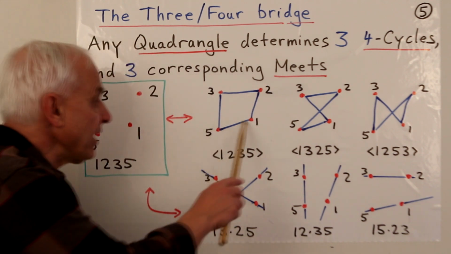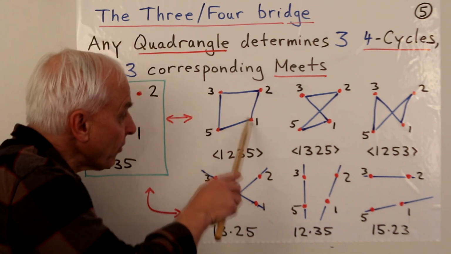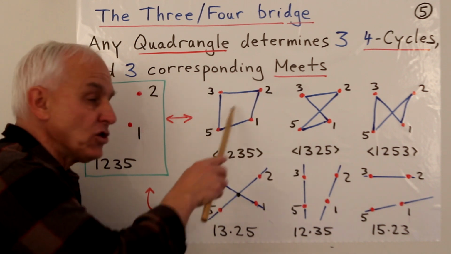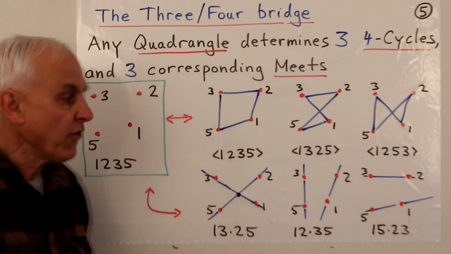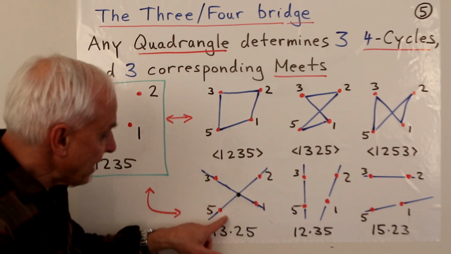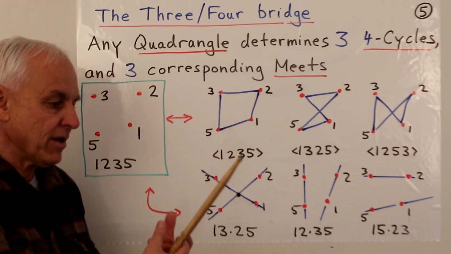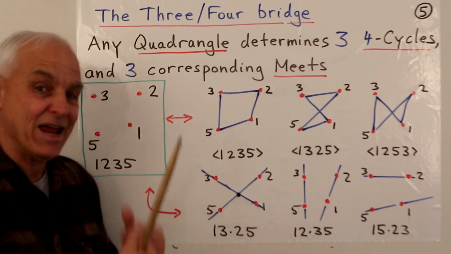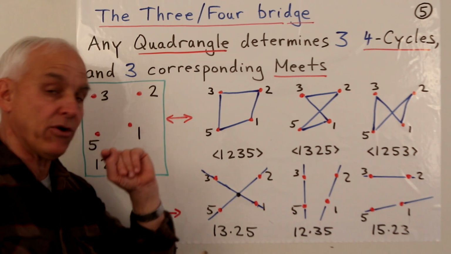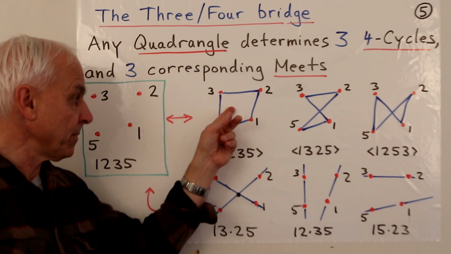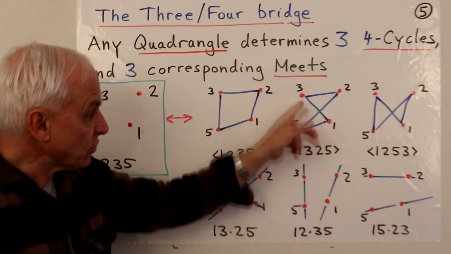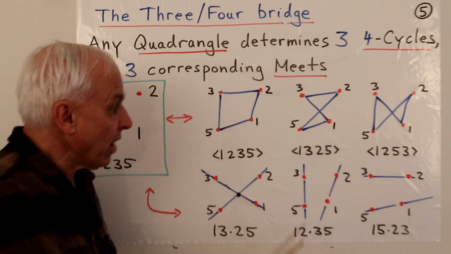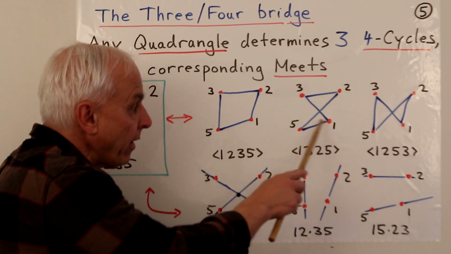Right? There are these 4, but there's also the edge 1, 3 and the edge 2, 5. So this meet down here is just the set consisting of the 2 edges which are not appearing in the cycle.